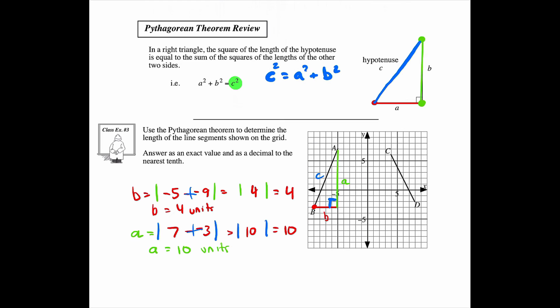Now that I know those two, I can figure out the length of that angled line, or that sloped line that we're calling C, or the hypotenuse, just by saying C squared is going to equal my A squared, which is 10 squared, plus my B squared, which is 4 squared.